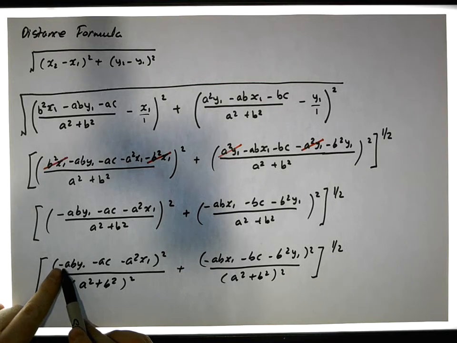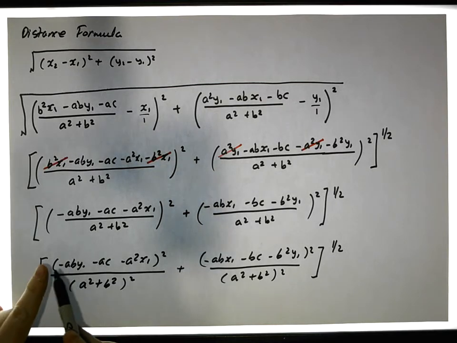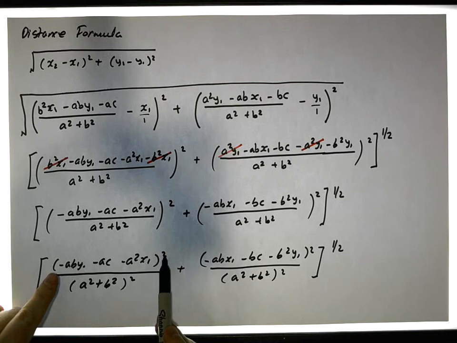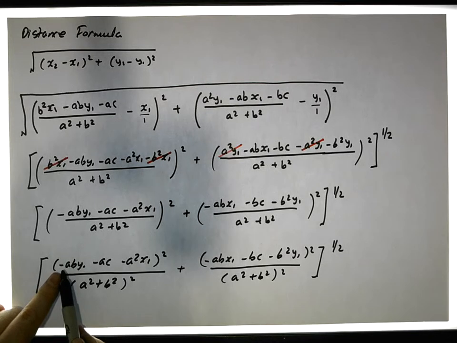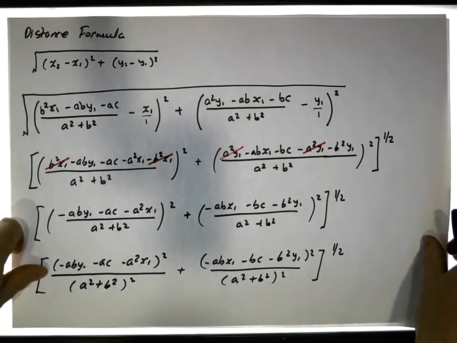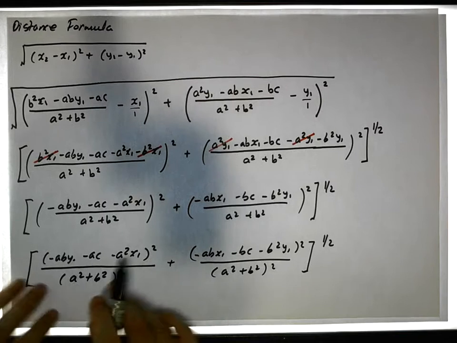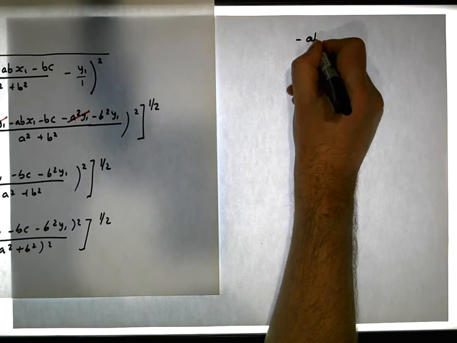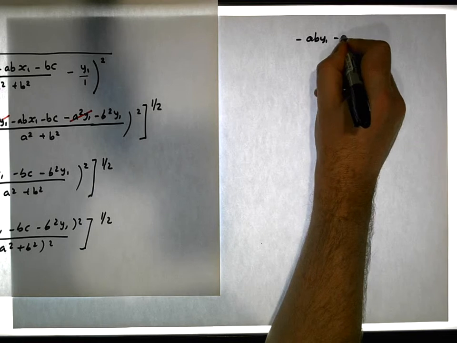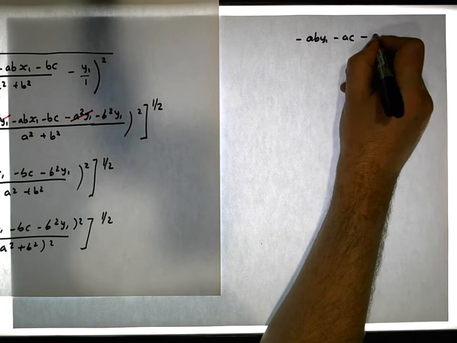What I'm suggesting is that there's a minus common here, we could take it out, okay? There's an a common, we could take it out, so we could take a minus a out, which then becomes squared, which is actually like taking out a positive a squared. Let me take this particular term as an example: minus aby1 minus ac minus a squared x1.